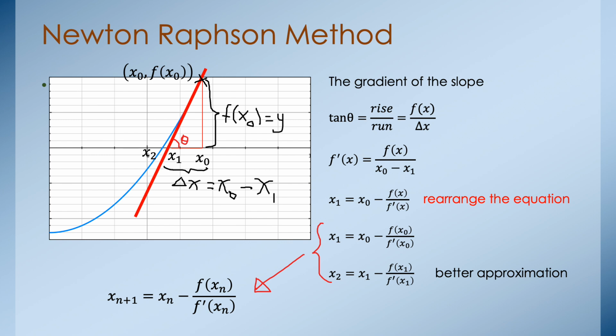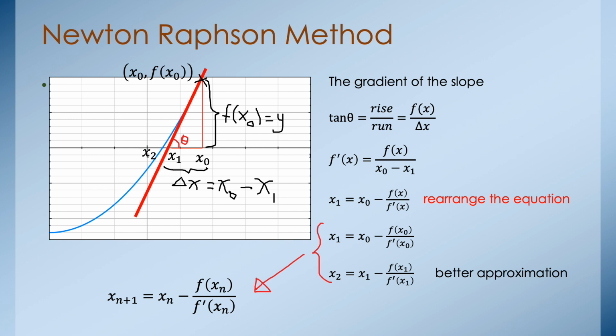Therefore, we can conclude that the nonlinear function has a root in a closed interval of x. Draw a straight line which is the tangent of the curve at the point x naught and f of x naught equal to y.